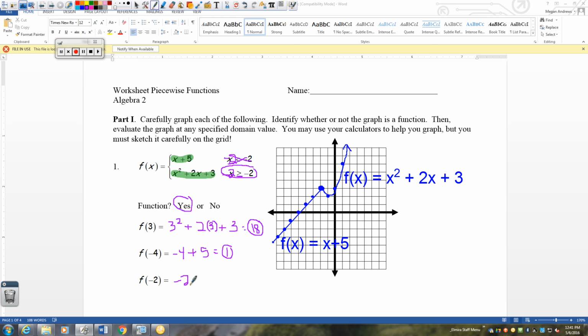Now, the negative 2 for an exponent, remember, has to go in parentheses, plus 2 times negative 2 plus 3. Okay, negative 2 squared would be 4. This would be a negative 4, so plus 4 and a negative 4, remember that's the additive inverse property, equals 0, plus 3 is 3. So that's the main idea of how you do that section.